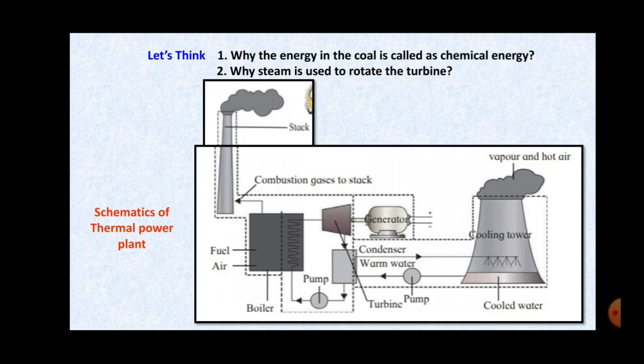Okay. Now this steam has a large amount of kinetic energy, and it is passed on to the turbines. Now the turbine starts moving, okay, and as the turbine starts moving, the generator also starts working.